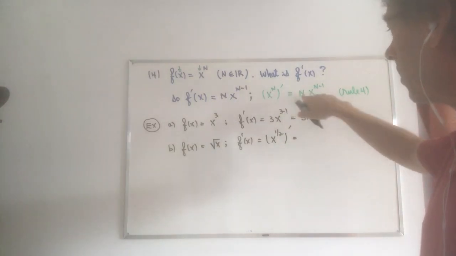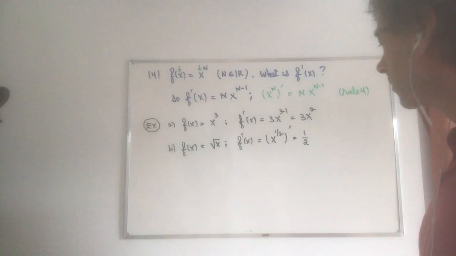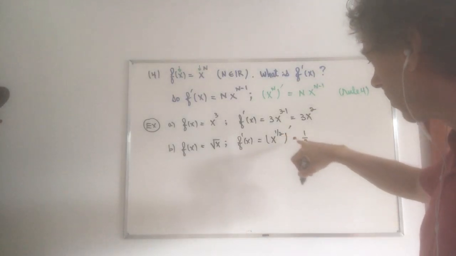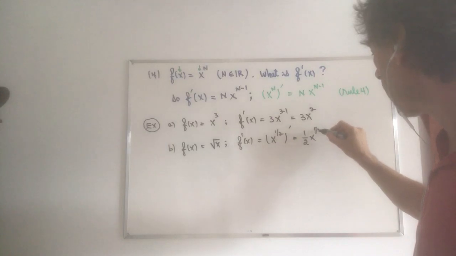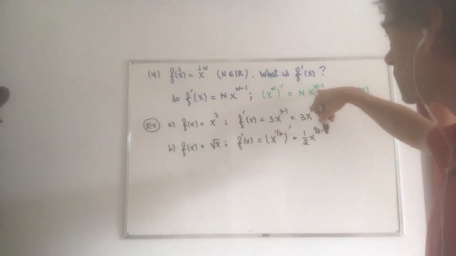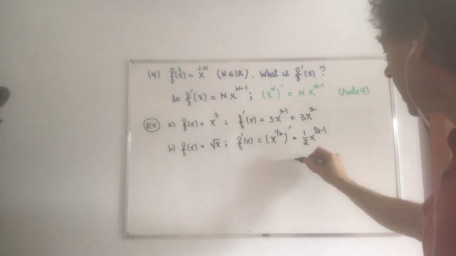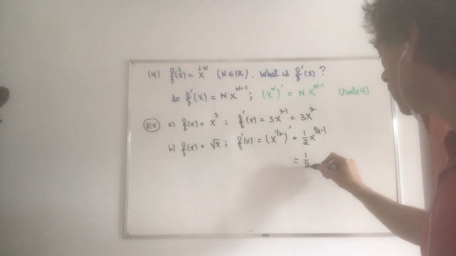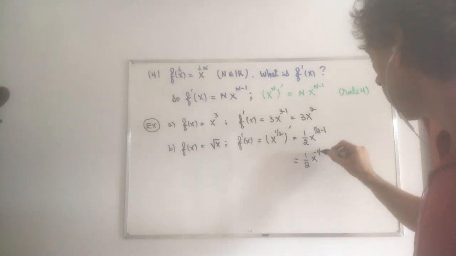So x to the n, rule 4, bring the power in front. So the power 1/2 comes in front of the x, and then you subtract 1 because it's n minus 1, so it's 1/2 minus 1. What is that? That is 1 over 2 x to the minus 1/2.